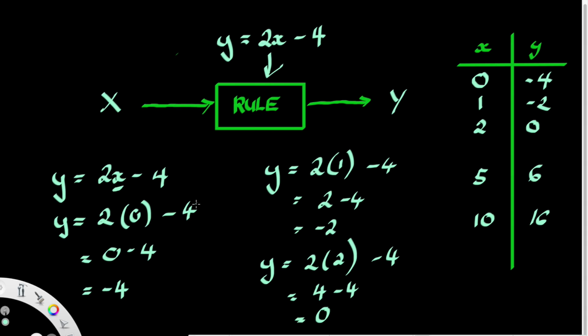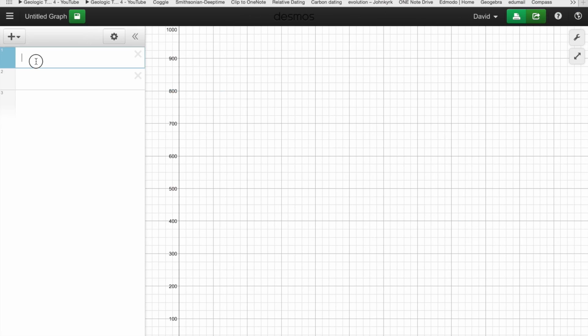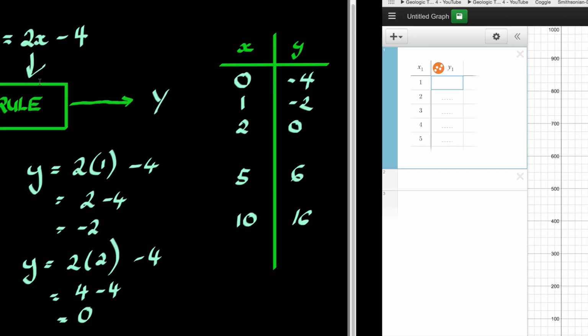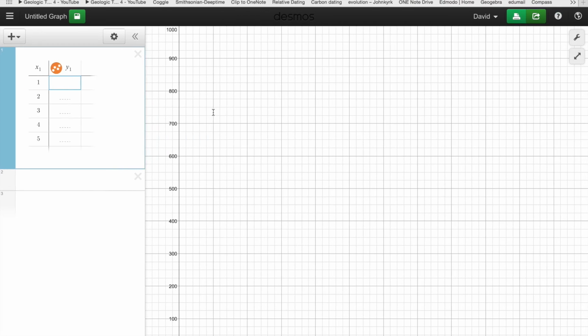Now let's switch over to Desmos to see how this might work. I'm going to create a table of values in Desmos. In order to do that, and you can do this as well, press on the little plus icon down here where it says table. And we're just going to enter our numbers 0, 1, 2, 5 and 10.